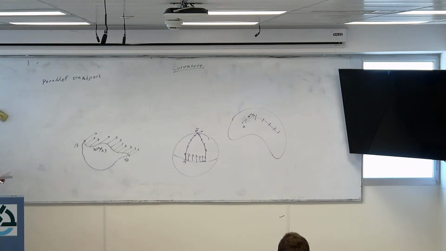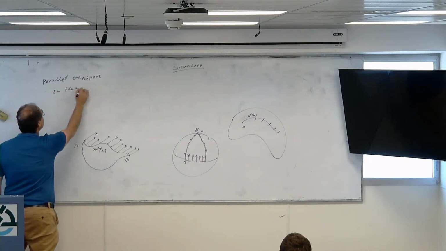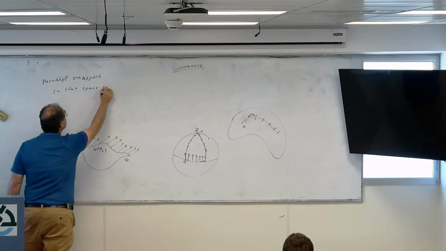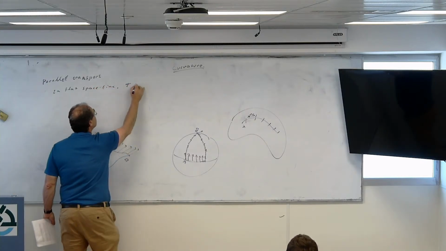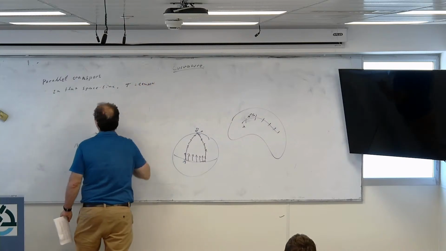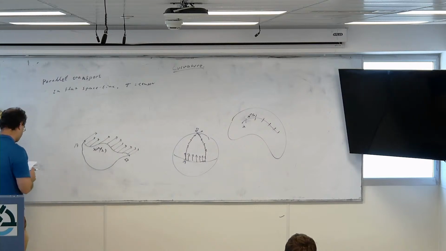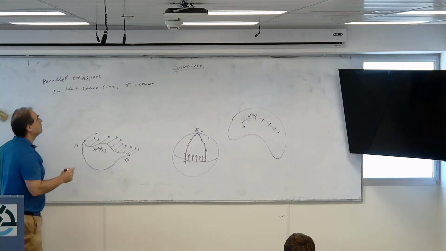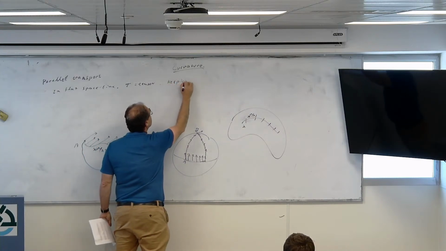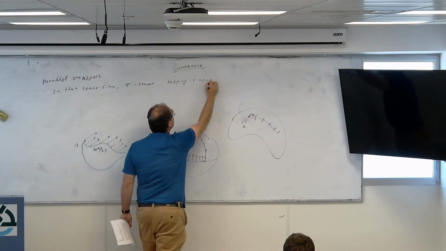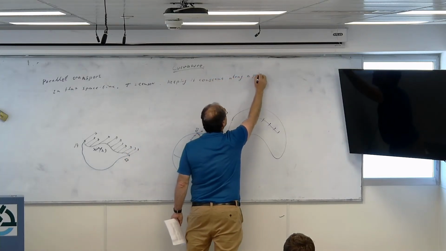So flat space-time, we have a tensor T. It will be a definition of a parallel transport, keeping it constant along the path.